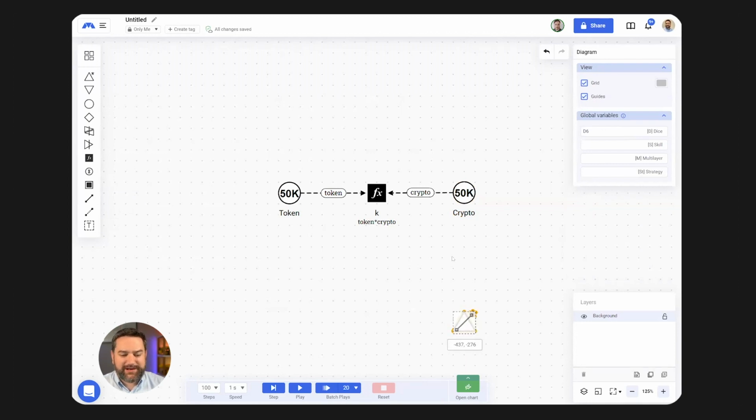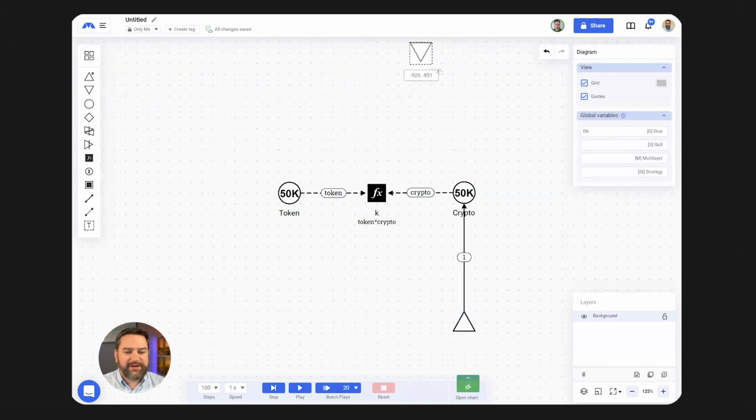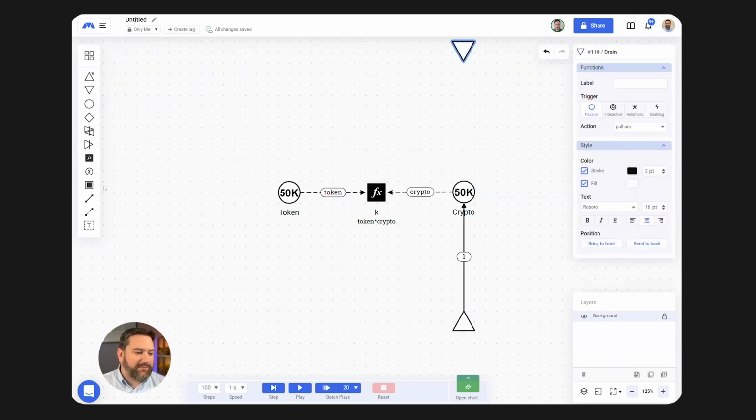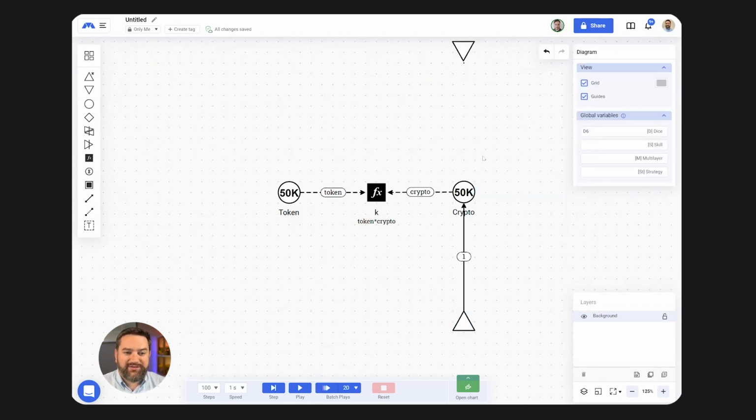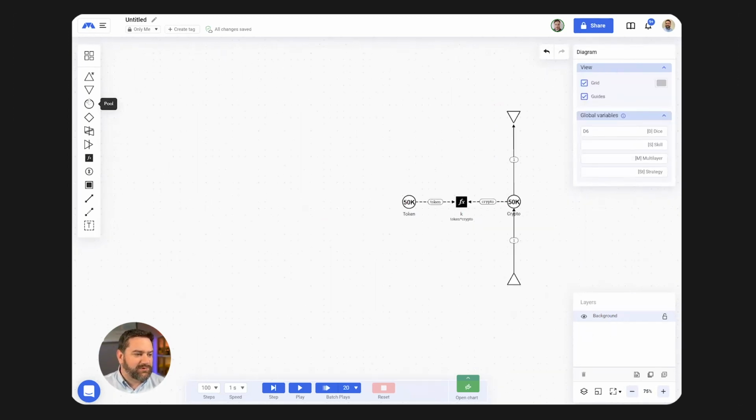So in this case, I'm just going to be using a source and a drain to track how many are entry and exit of crypto from our AMM. But for our token, I'm then going to use another pool.